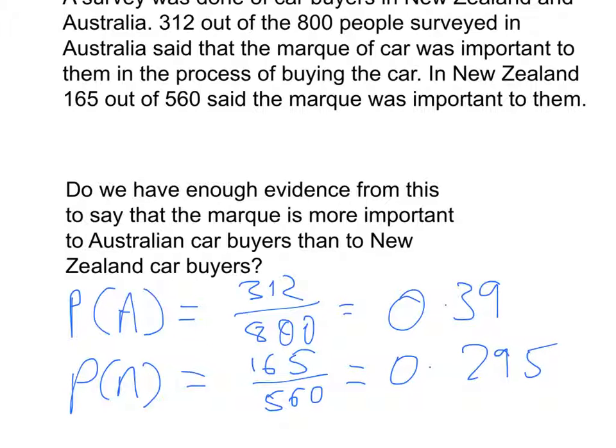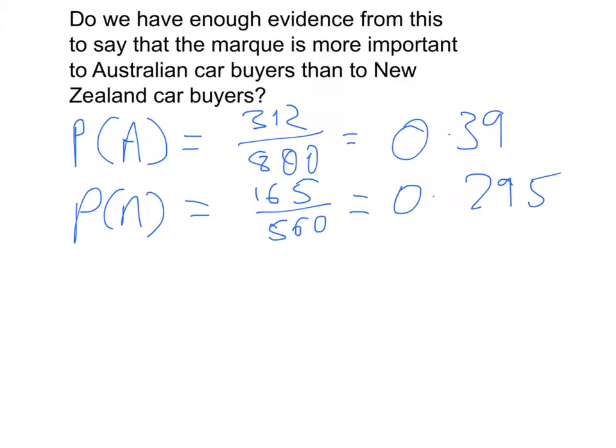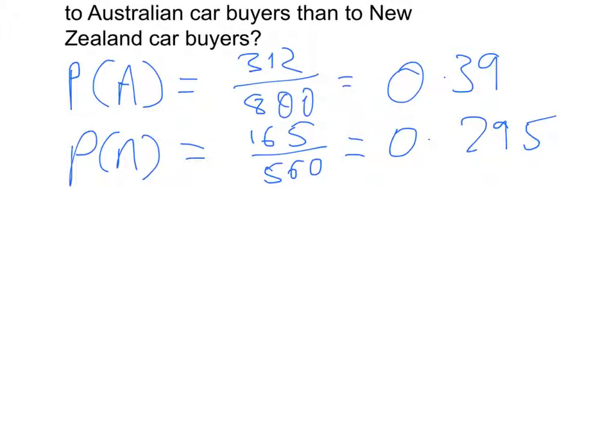The next thing that we're going to do is get our rule of thumb estimate for the margin of error. Now, this is not perfect, but it's good enough. So we'll start off with the margin of error for Australia.